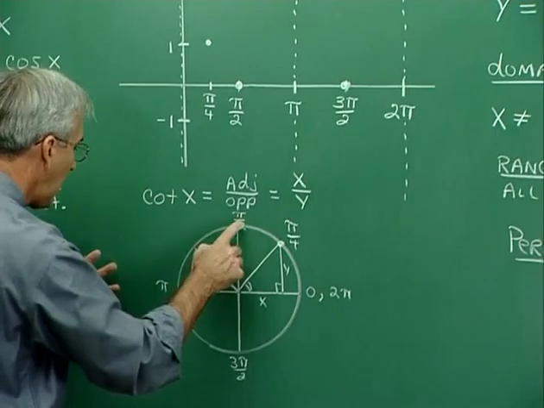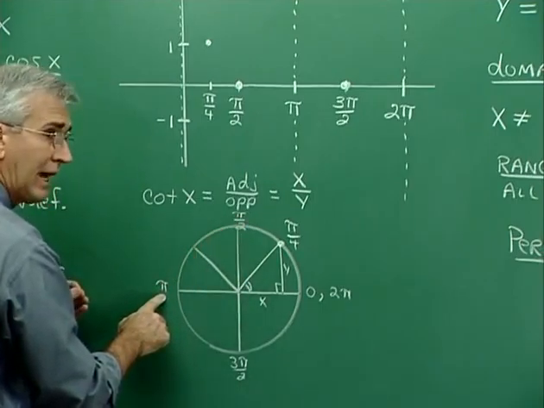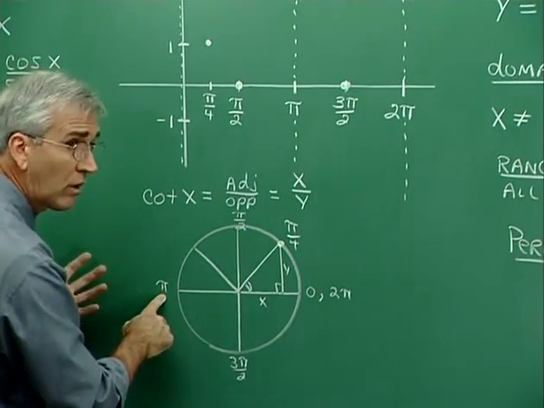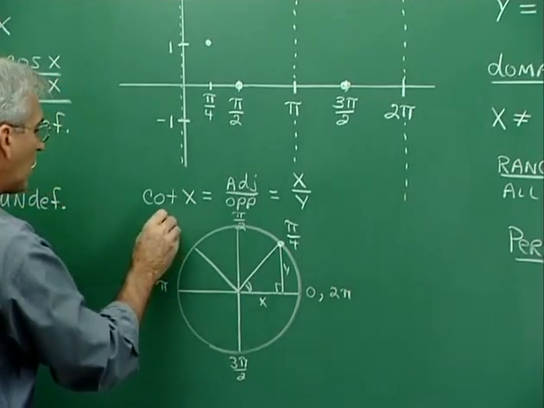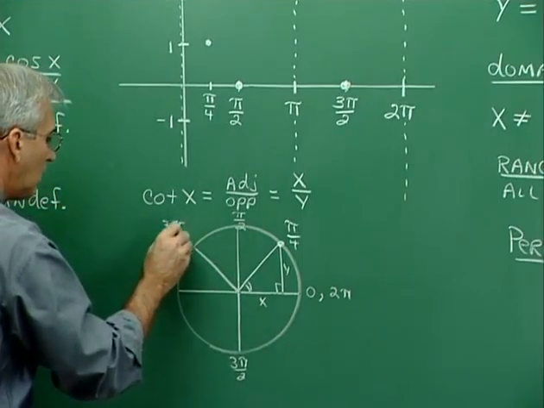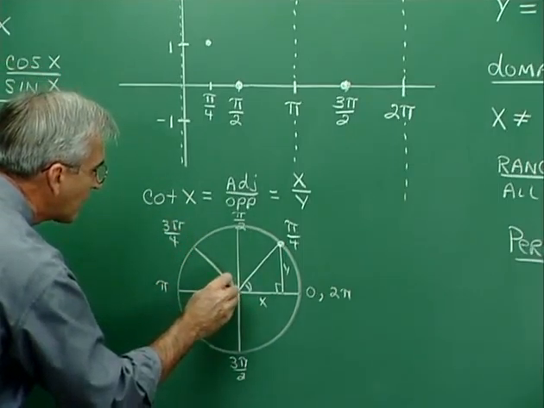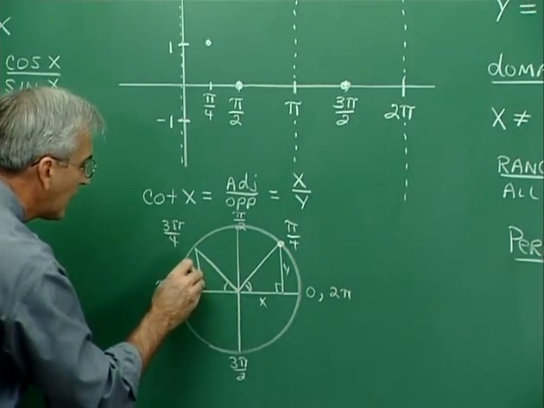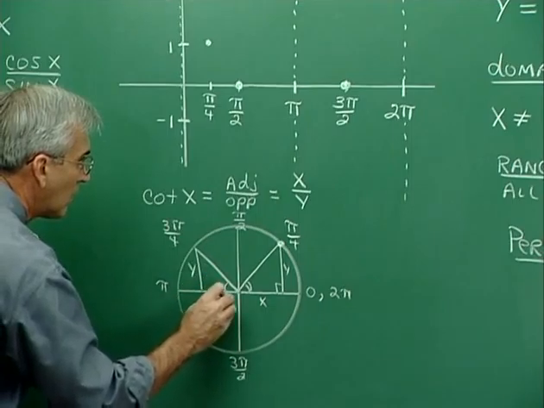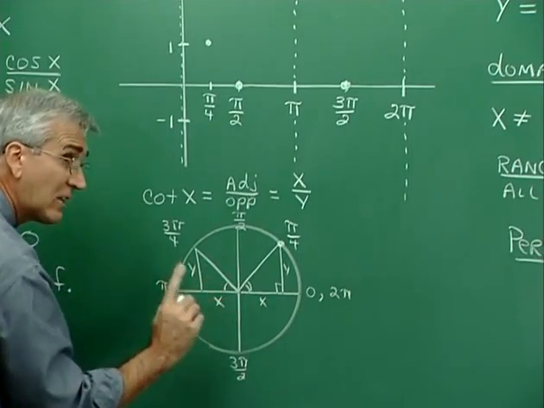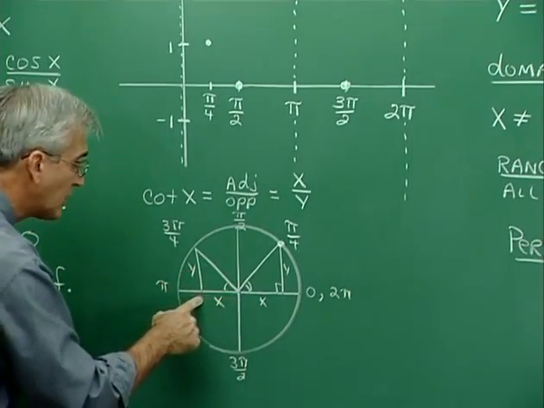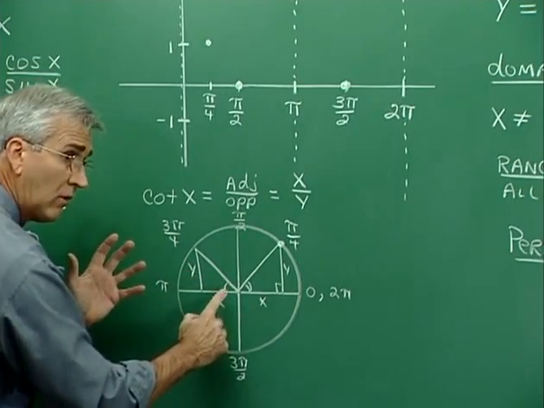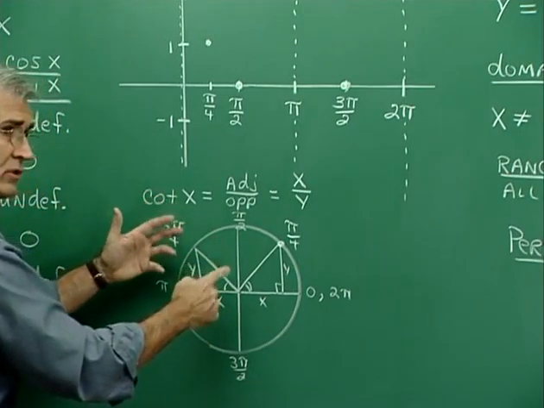Then a similar thing happens right in the middle of this situation, between pi over 2 and pi. It is 3 pi over 4. Here our reference angle is here, and our reference triangle is here, and again we have this x over y idea, except x is negative. So we have negative 1 for the value of the cotangent at that point.